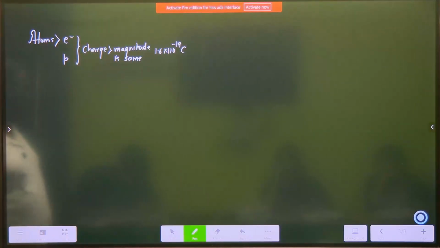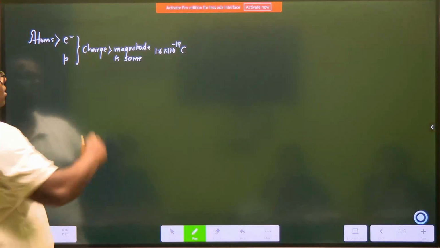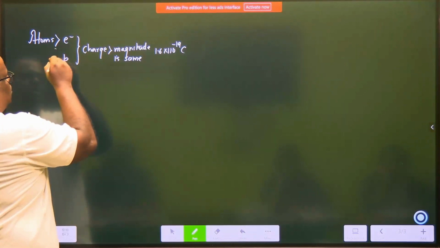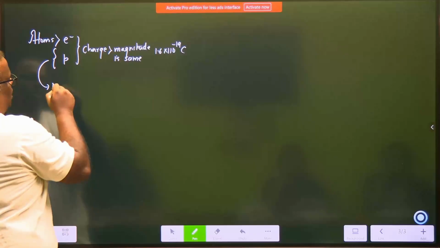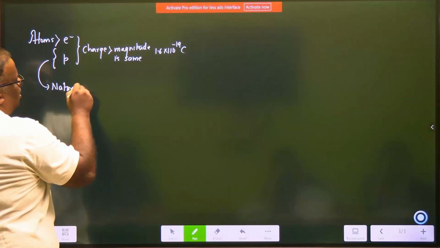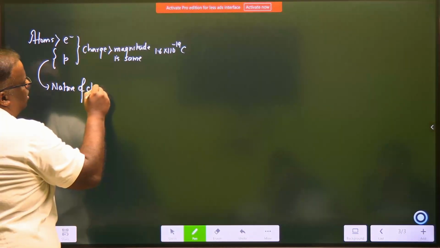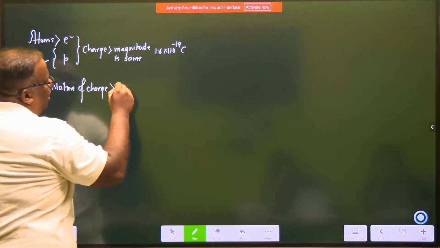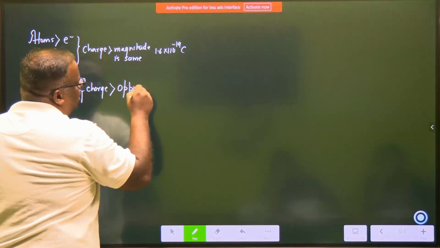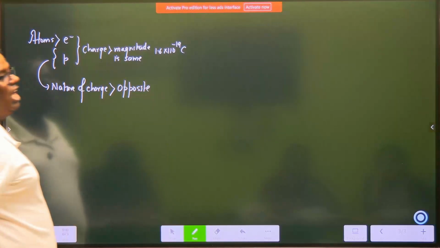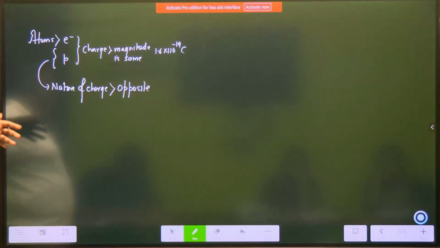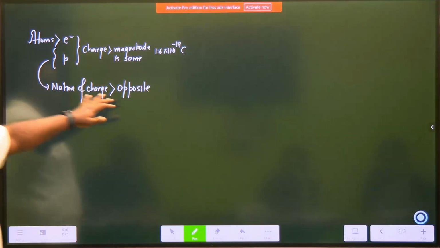Is this clear now? However, when we talk about the nature of charge, we say that they are opposite. That means I have to assign a mathematical relation now to clarify this statement.